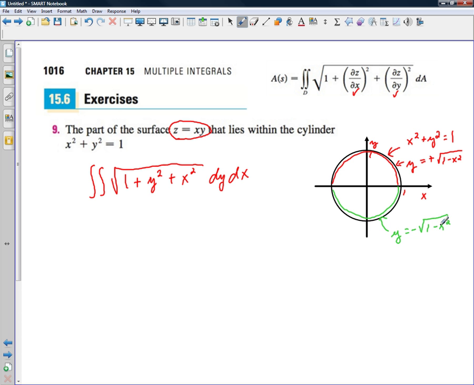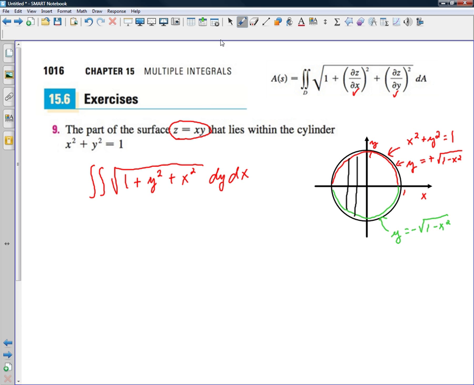So if we were doing it as a type 1, we'd be thinking about those vertical lines bounded on the top by the red down to the green, right?